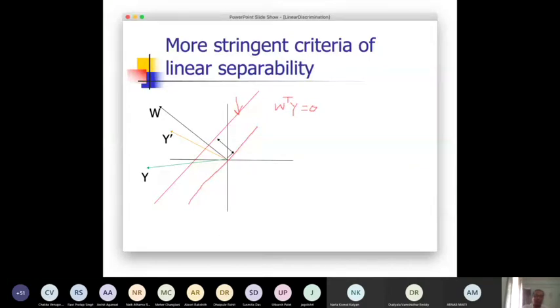We are transforming the input in such a way that all the input samples belong to the positive half.